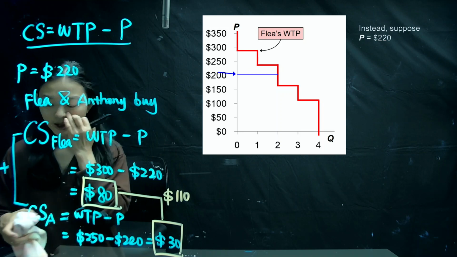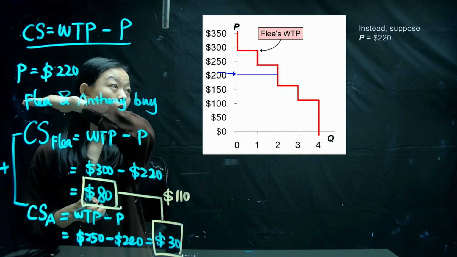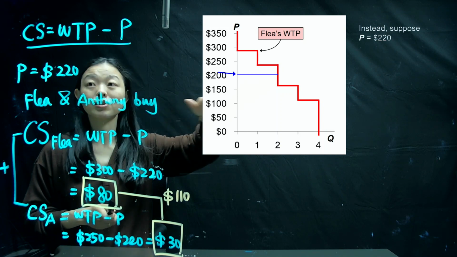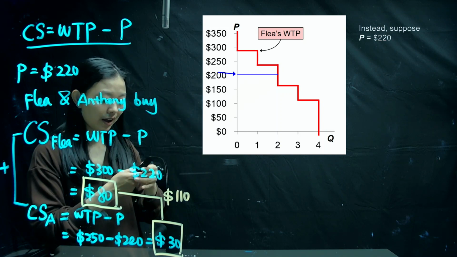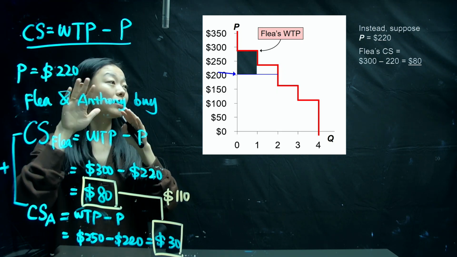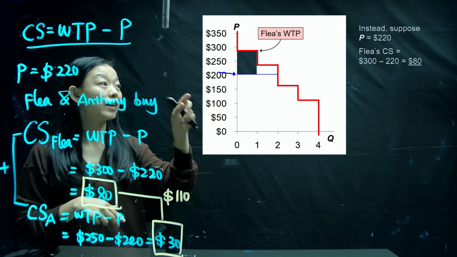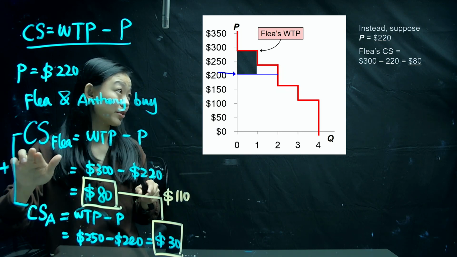Similarly, if the market price decreased to $220, remember to draw a horizontal line across this demand curve. Then this rectangle here measures Flea's consumer surplus.